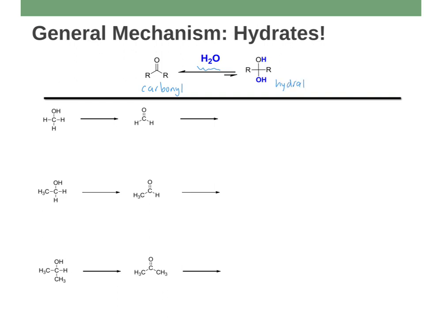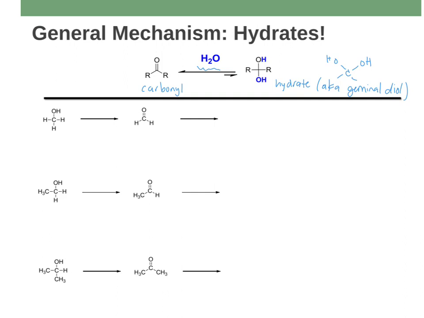And hydrates are just when you have a carbon with 2 OHs on them. Or in other words, sometimes these are called geminal diols. So I'll put AKA geminal diol. Right, it's when you have two OHs attached to the same carbon.